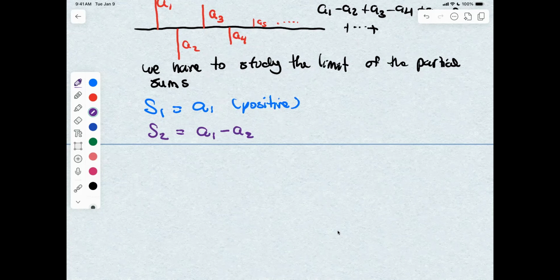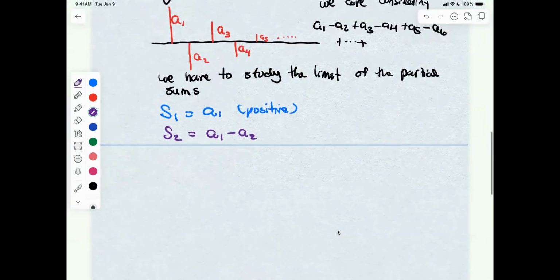There's not much you can say here, but if you zoom out a little bit and look at the picture, since A2 in absolute value is a little bit less than A1, this difference is positive: you're subtracting another positive number. So this sum altogether is less than the previous one. Whatever this sum is, the only thing we know is that S2 is less than S1.